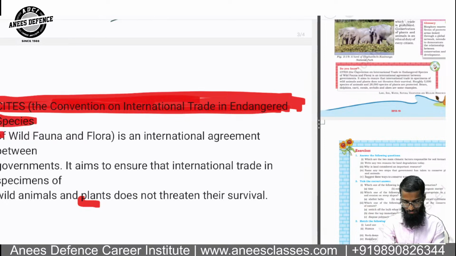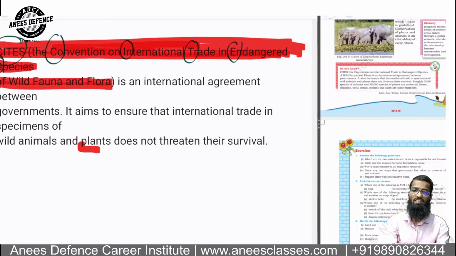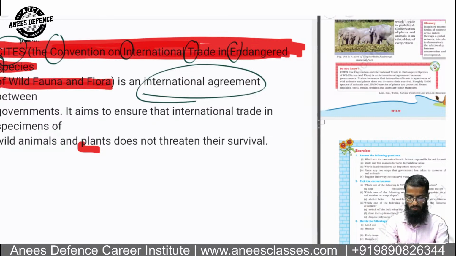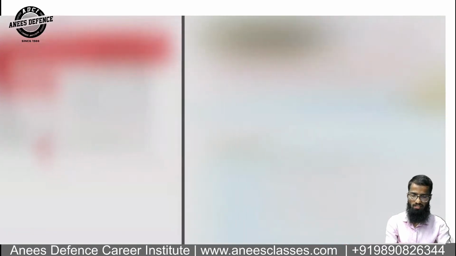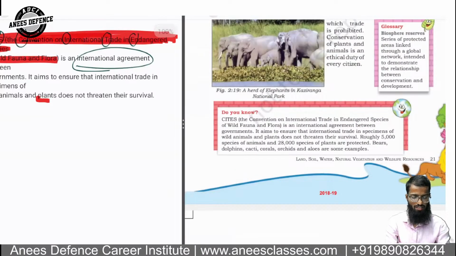So simply remember what is CITES. CITES is actually the Convention on International Trade in Endangered Species. It is an international agreement actually between the governments. Okay, so it's very important. CITES is actually not a specialized organ of the United Nations.